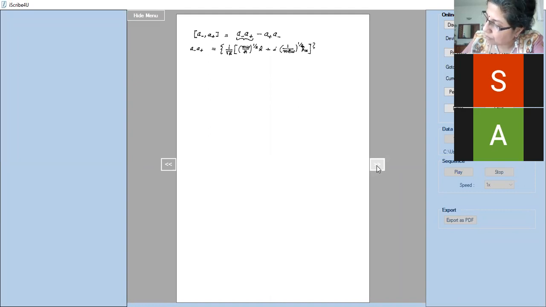And then a plus is nothing but 1 by root 2, then (m omega by h cross) power half x, and then minus i (1 upon m h cross omega) power half px.